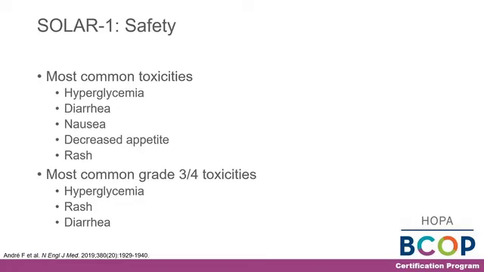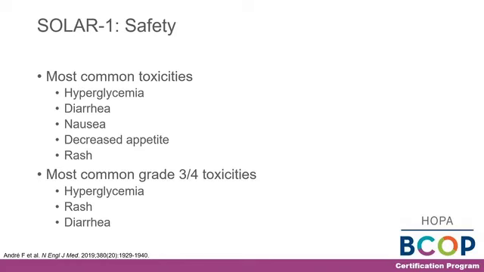What is unique about alpelisib compared to many of the drugs we've historically used for metastatic breast cancer is that its toxicity profile is a little bit different. The most common toxicities were hyperglycemia, diarrhea, nausea, decreased appetite, and rash. And so there are recommendations for using an antihistamine to prevent rash. There's a possibility that metformin at minimum may be needed to be used for hyperglycemia.